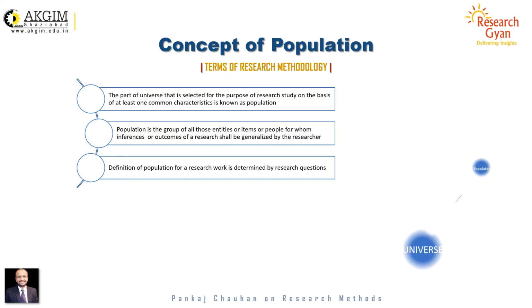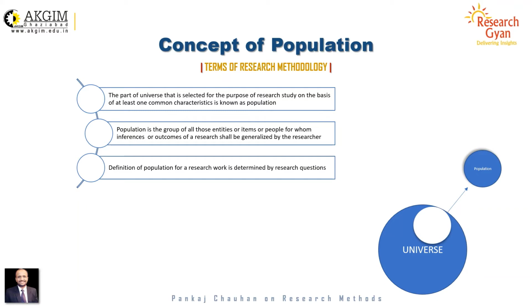So population is a group of all those entities or people to whom the inferences or the outcome of a research shall be generalized, or in fact extrapolated, by the researcher. So the definition of the population for a research work is usually determined by the research question. For a grounded understanding of what is population, we can think of it this way.